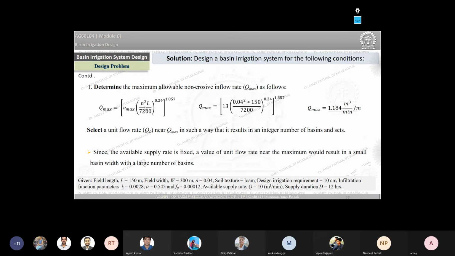So V max, generally these things are known. So V max for loam is around 13. Okay, n value is given, L length of field. So based on that we can calculate Q max. So Q max should not be greater than 1.184 meter cube per minute.